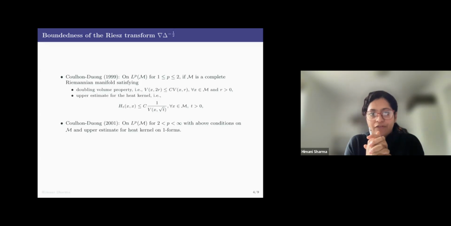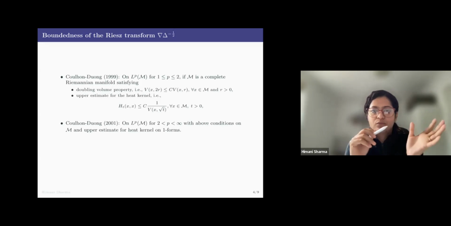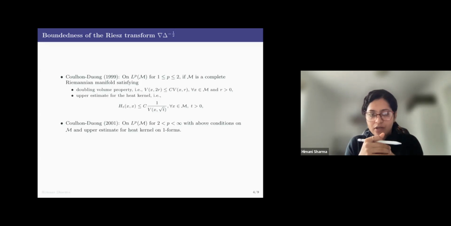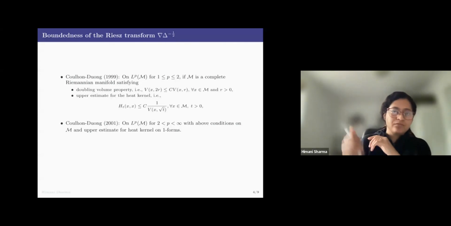But apart from assuming the above two conditions, which they had for the case P in the interval 1 to 2, they also assumed that the heat kernel has an upper estimate on one-forms as well. I'm not going into the detail of one-forms. You can check what is there in their paper. But this is what they have done for the range P in the interval 2 to infinity.